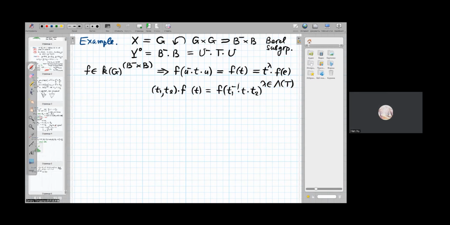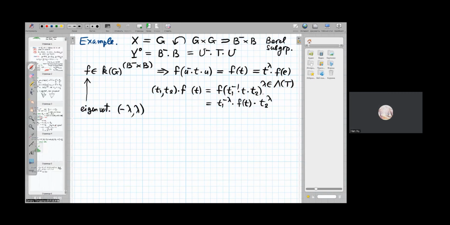And by the above formula for the function f, it is the same as t1 to the power minus lambda times f of t times t2 to the power lambda. So this means that the eigenweight of this function is a pair minus lambda comma lambda.